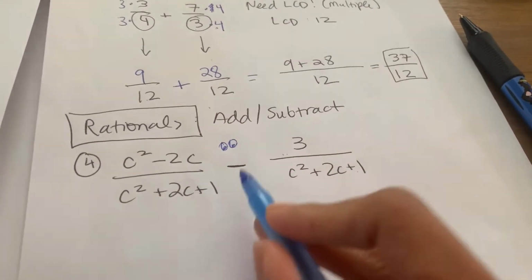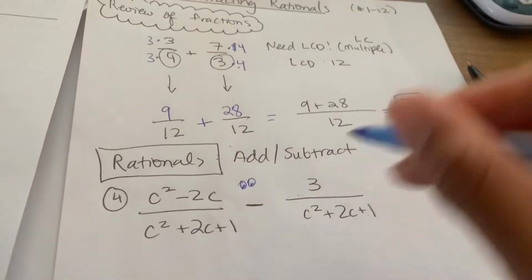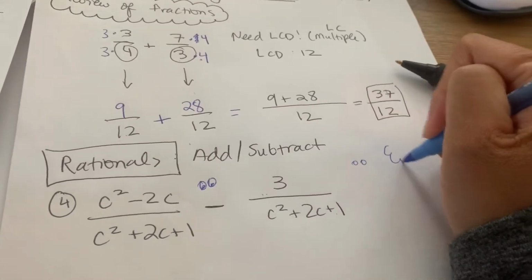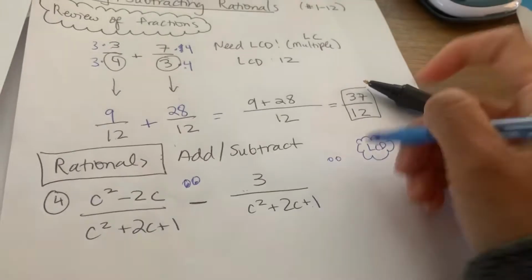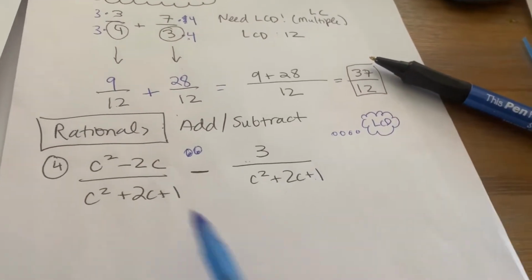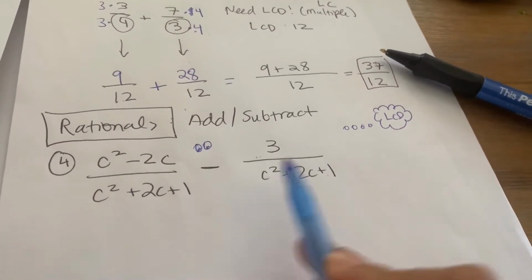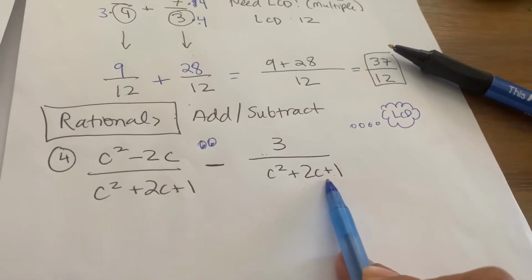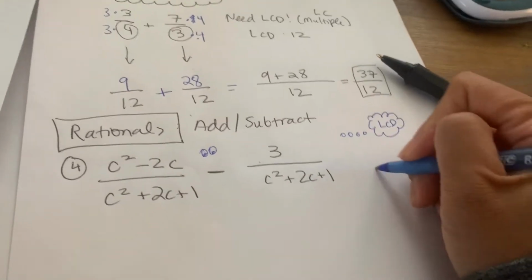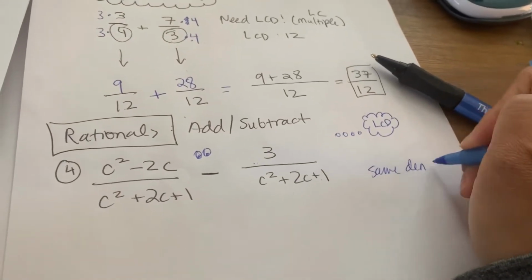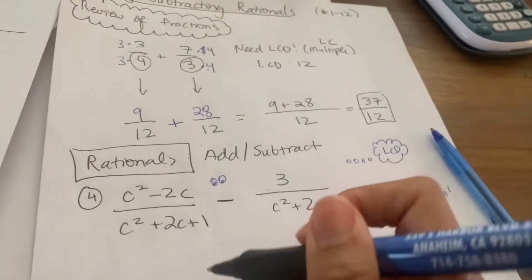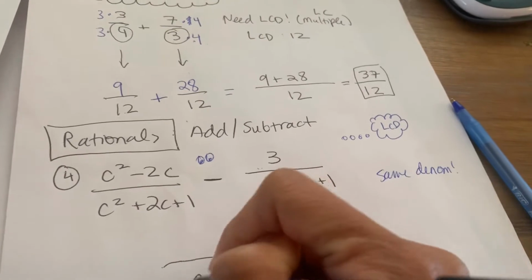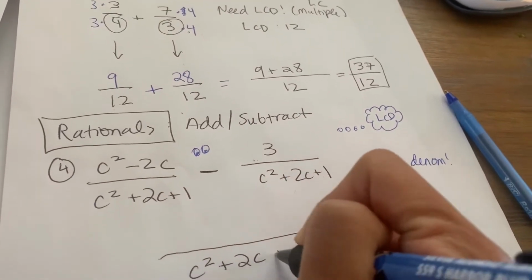I'm subtracting. So if I'm subtracting, I need a lowest common denominator. Are these denominators the same? Woohoo, yes, they are. So I don't have to go through the steps of changing the denominator.